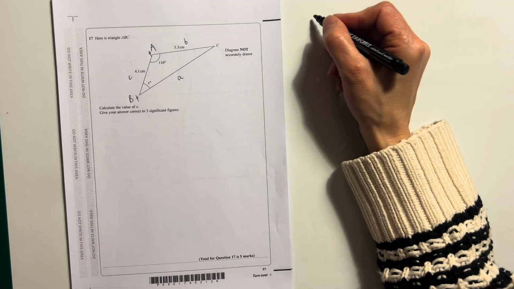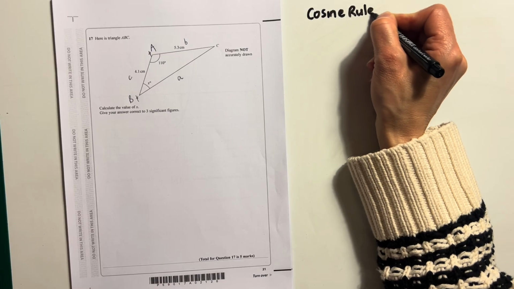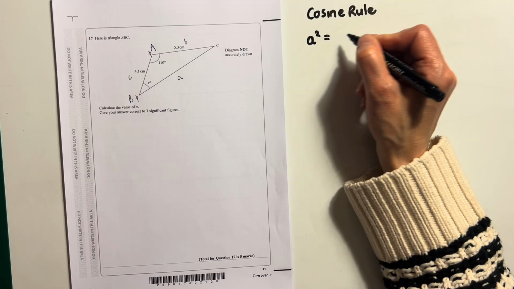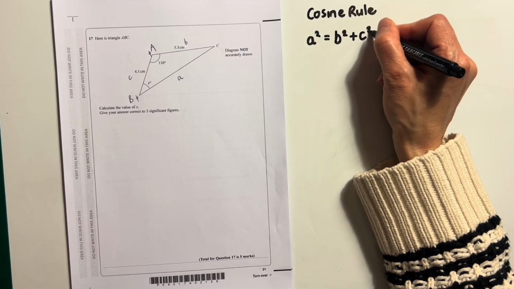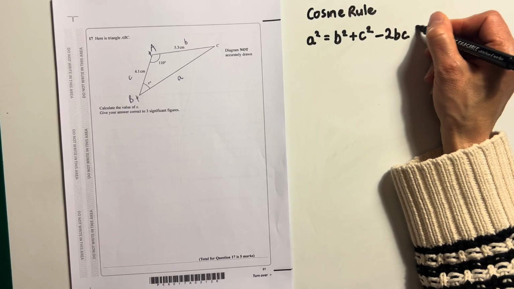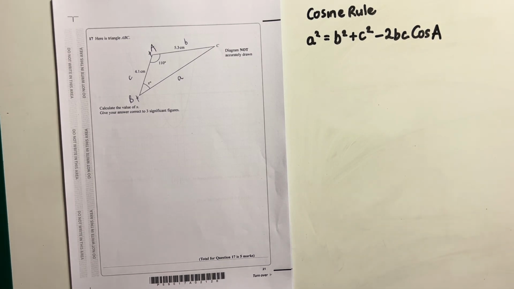So the cosine rule, if I write that down, tells us that length a squared is going to be equal to b squared plus c squared, take away 2bc cosine of the angle A.